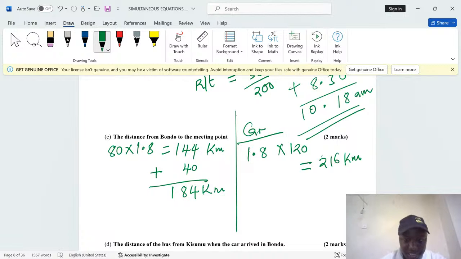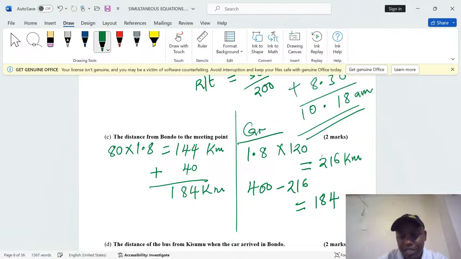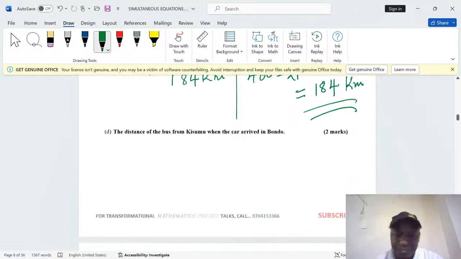But now we are asked from Bondo. Therefore, we need to take 400 and subtract 216. And this will also give us 184 kilometers from Bondo. So the 216 is the distance from where the car is coming from, and that is Kisumu. But now from Bondo, we have to subtract from the total distance.